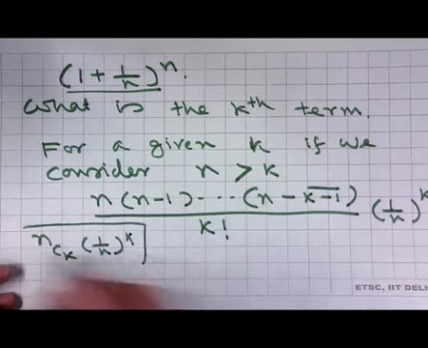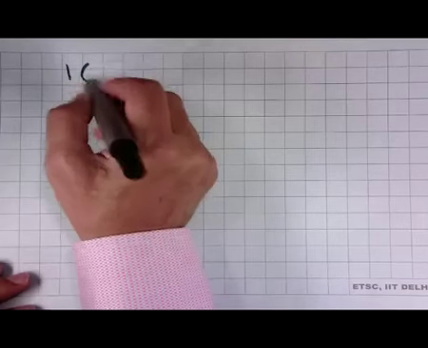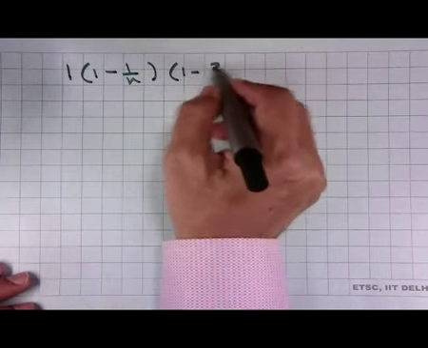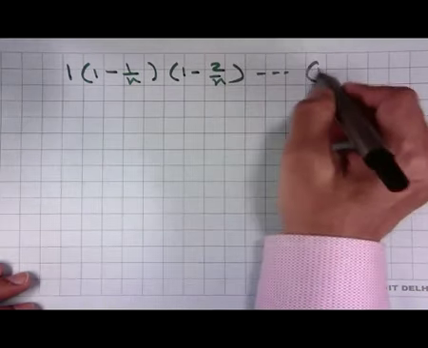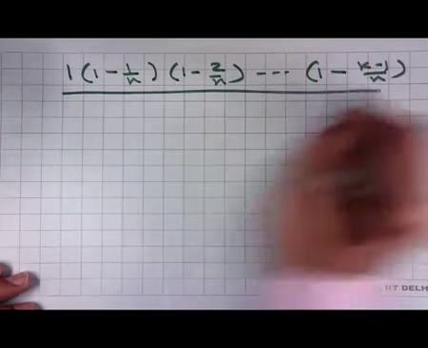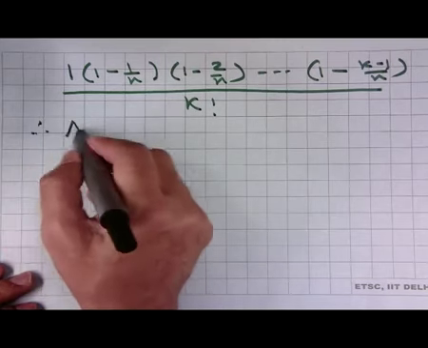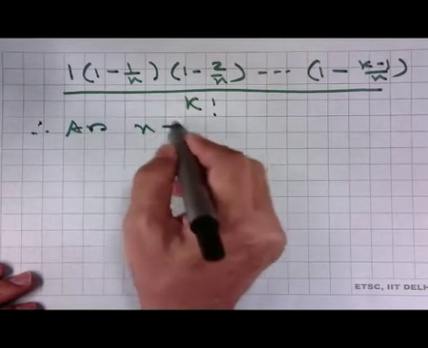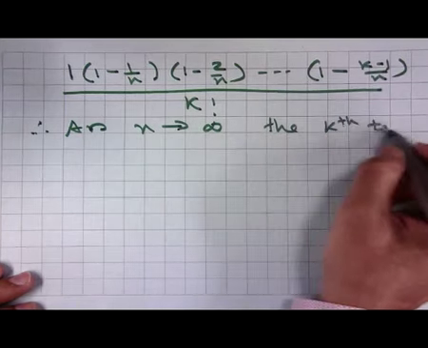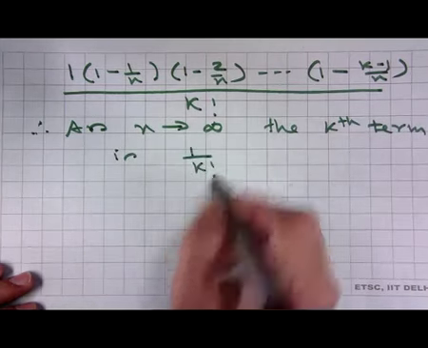Now, if we cancel out this n, we get it as 1 into 1 minus 1 by n into 1 minus 2 by n up to 1 minus k minus 1 by n, upon factorial k. Therefore, as n goes to infinity, the kth term is 1 upon factorial k.